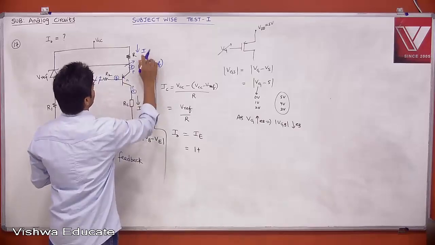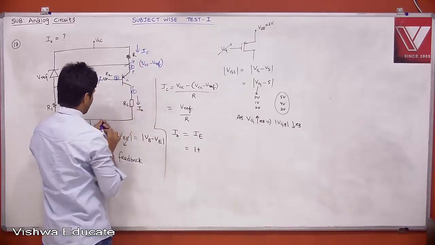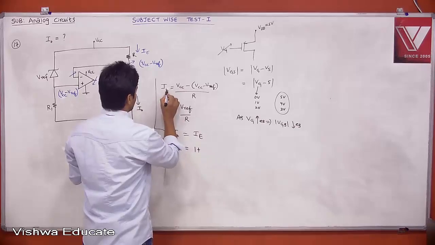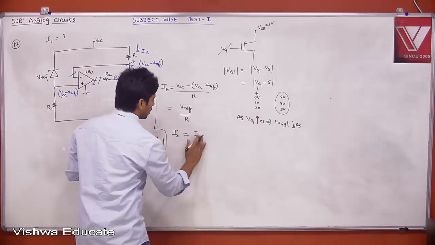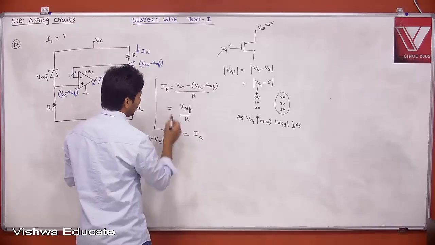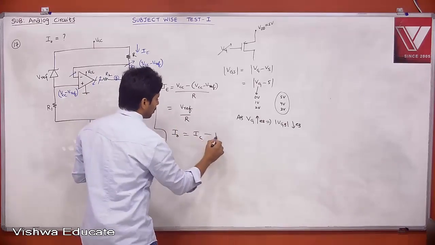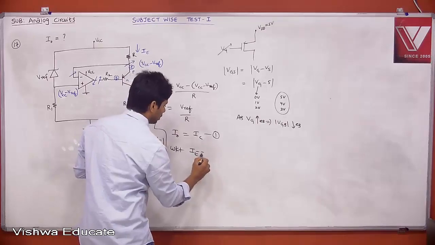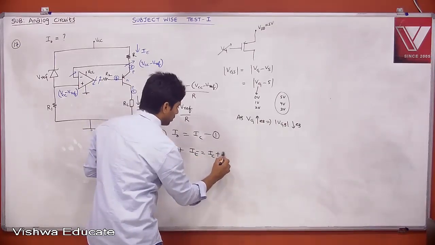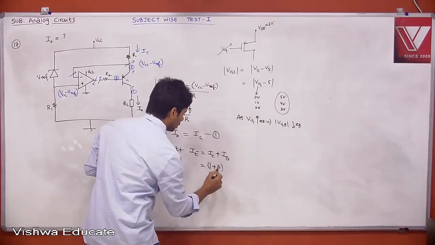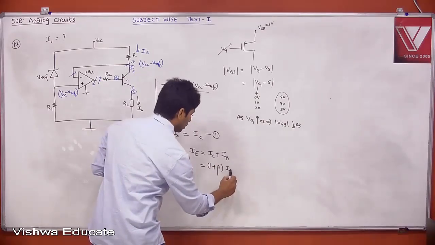For the PNP transistor, this is your emitter current, and your I naught is nothing but the collector current, right? Therefore, what is the relationship between emitter current and collector current? This is equation 1. We know that IE is equal to IC plus IB. If you do that, you will get 1 plus beta into IB.